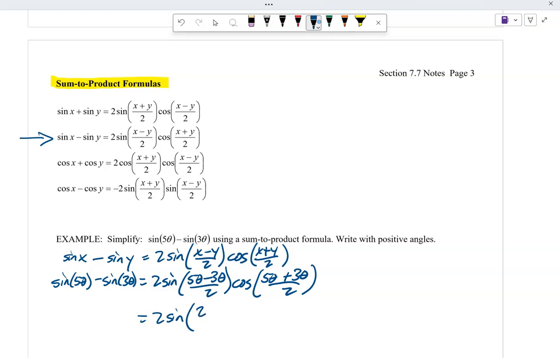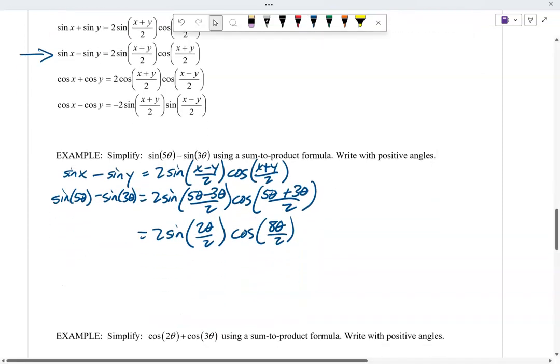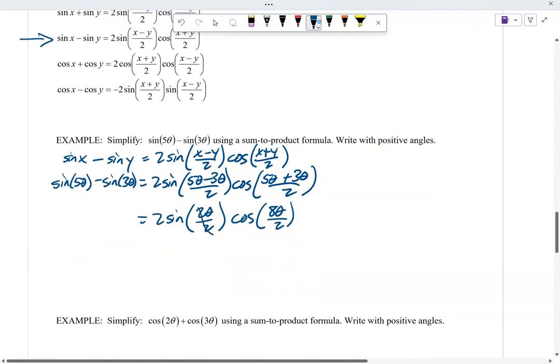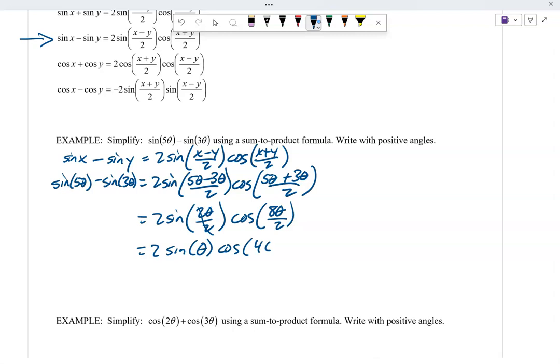And it looks like we got 2 theta over 2 and cosine of 8 theta over 2. The 2's cancel, so we got sine of theta, and 8 over 2, of course, is 4 theta. And there we are, 2 sine theta cosine 4 theta.